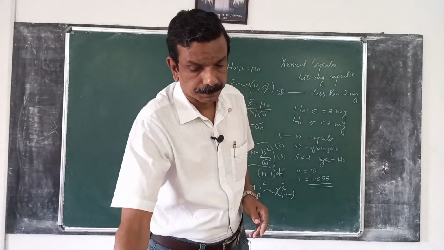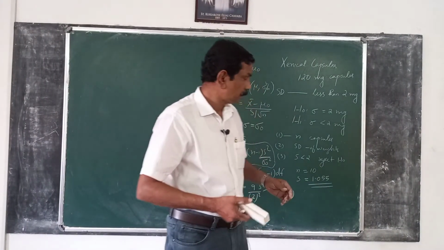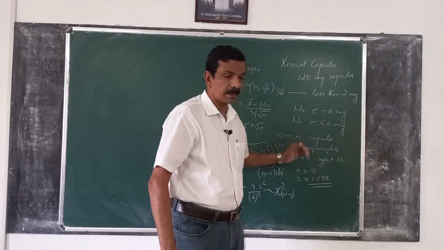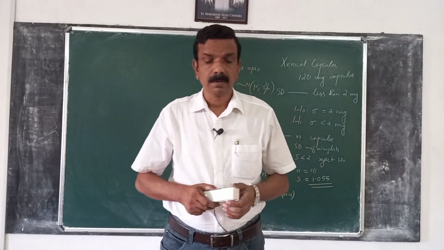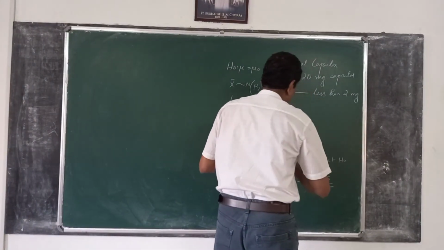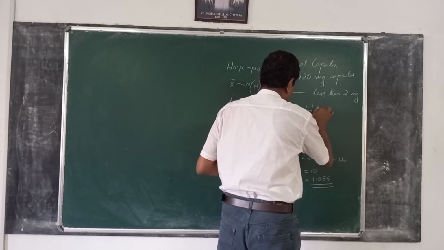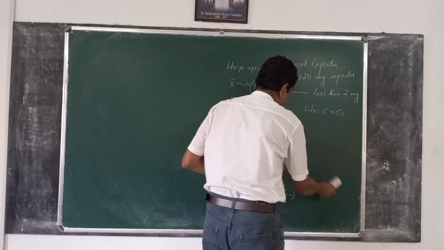Now, to test a population standard deviation, our null hypothesis H0 is sigma is equal to sigma 0.